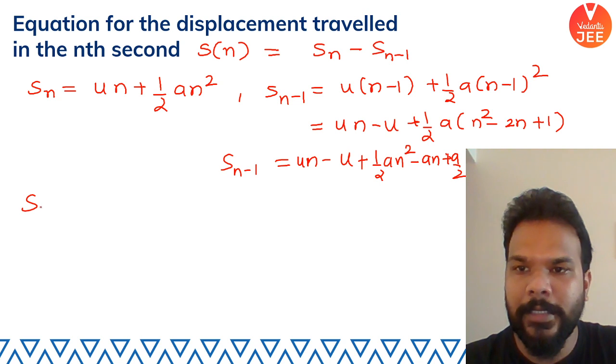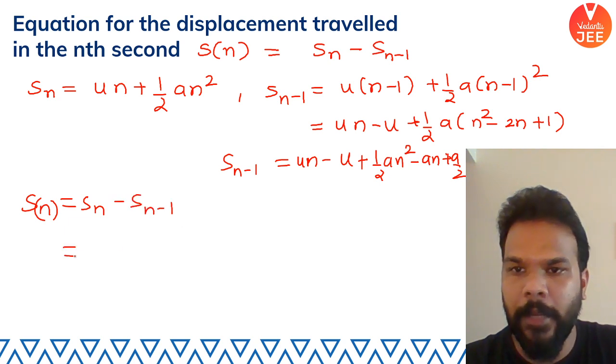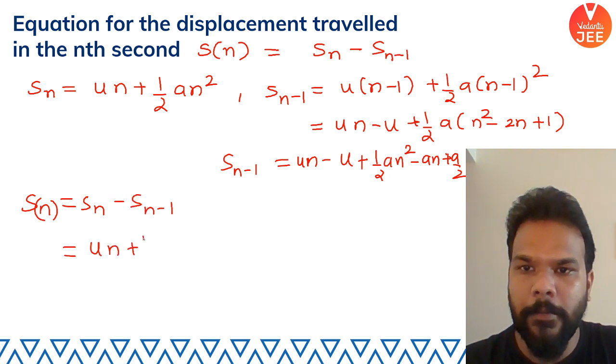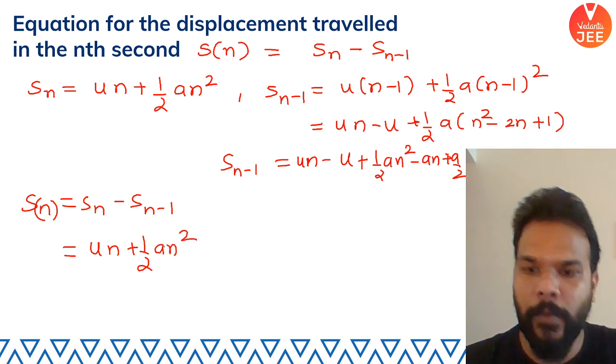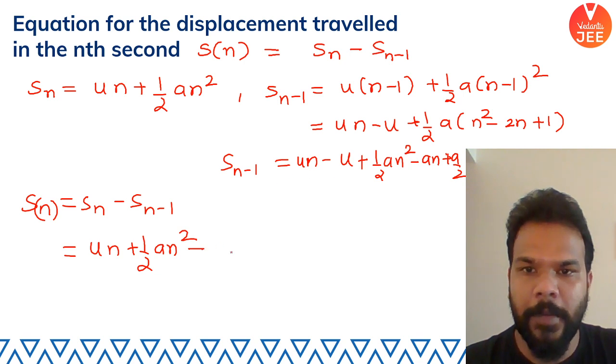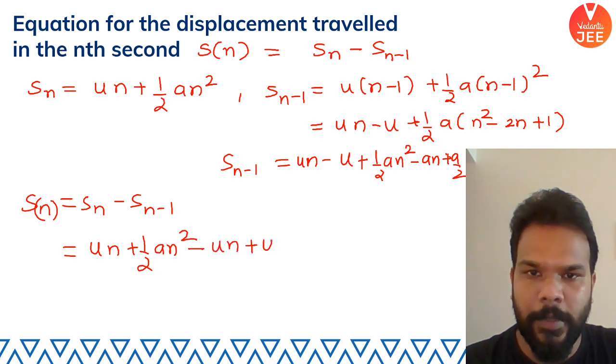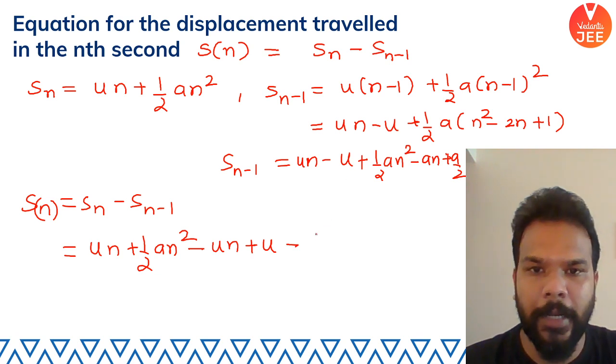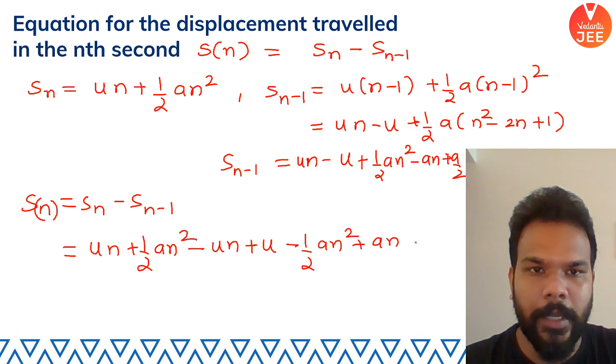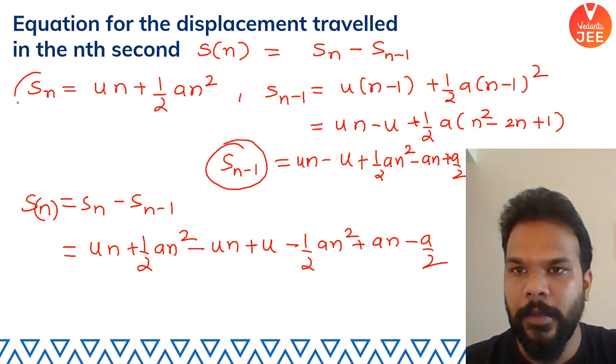So now Sn is going to be this. Putting it up, I have un plus half a n square, and minus this part, which is un minus u plus half a n square minus an plus a by 2. The minus is getting multiplied, so that's why the signs are changing. Okay, guys, this is what we are getting. Every sign has changed in the expression of S(n-1), and Sn is as it is.